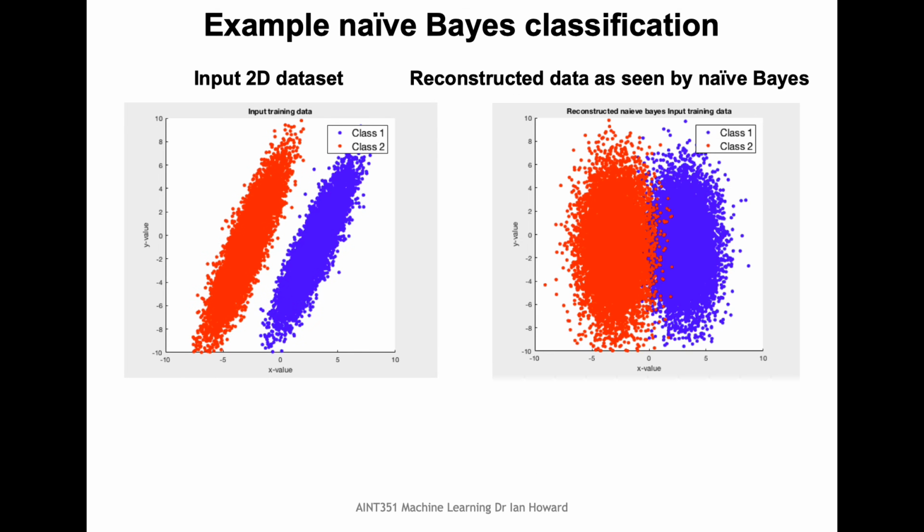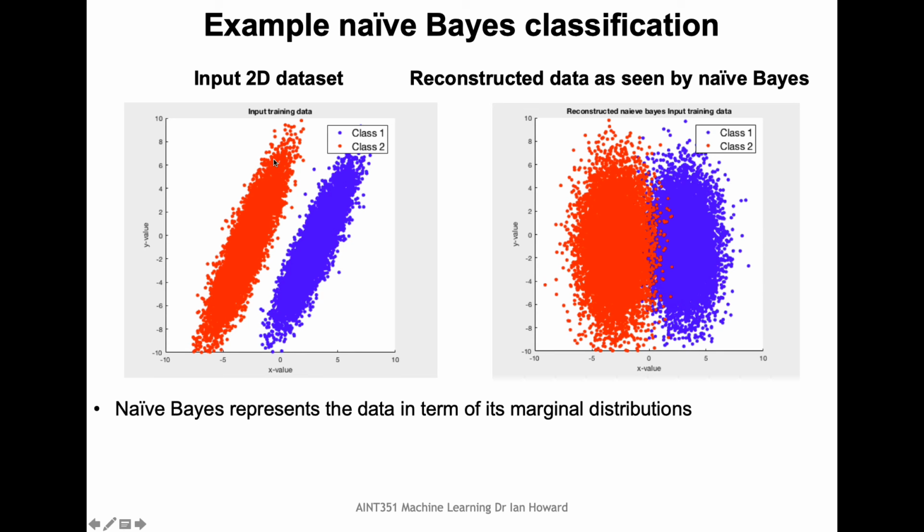So what's going on? If we look at the data that we start with here, and we represent, let's say, the red distribution now by the marginal distribution, then what we're saying is we represent the x data by its mean for the x feature and by its variance, and then independently, and that's the important thing, we represent the y data by its mean and its variance.